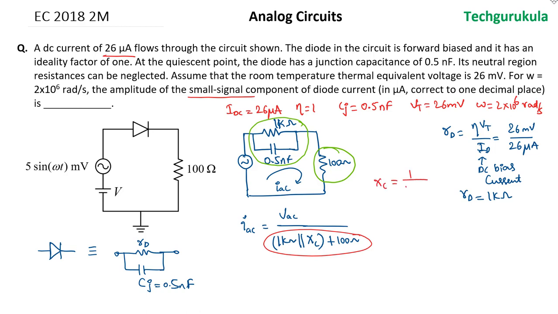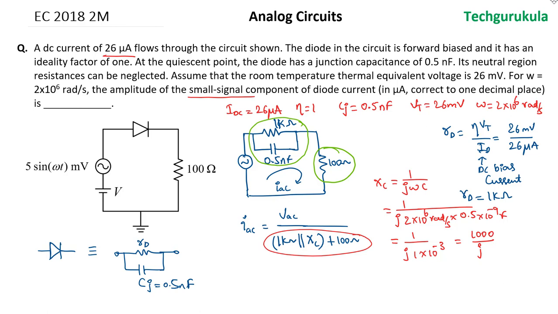XC is 1 over j omega C, where we have all the values. This is equal to 1 over j times omega, which is 2 times 10 power 6 radians per second, times C, which is 0.5 nanofarads, 10 power minus 9 farads. So this value is equal to 2 times 0.5, which is 1, times 10 power minus 3, which will be equal to 1000 divided by j.